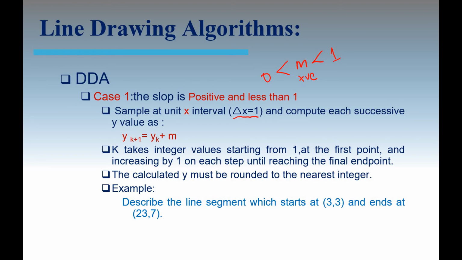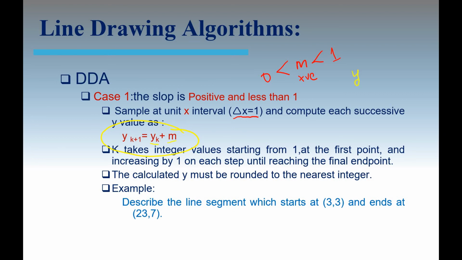For every step, x will be incremented by 1, and we compute each successive y value as follows. Try to remember this formula: yk plus 1 equals yk plus m. That means the next value of y will be the previous value of y plus m.